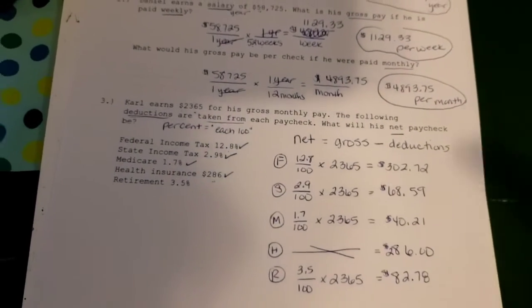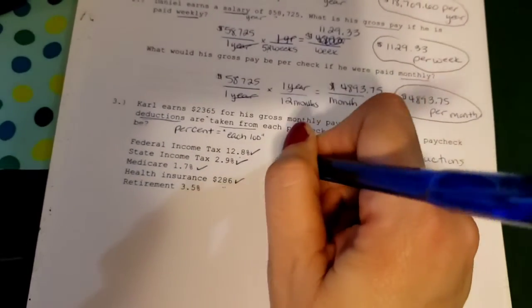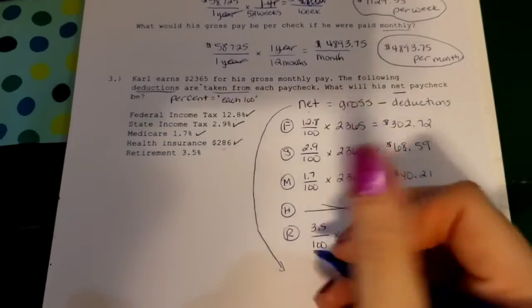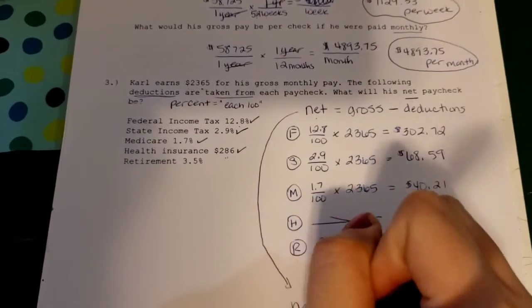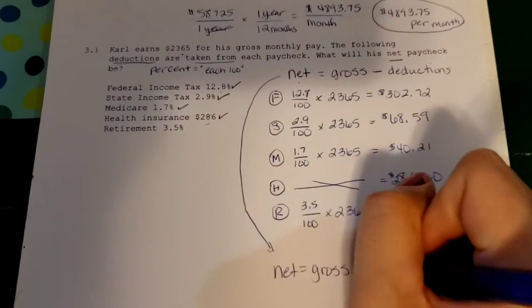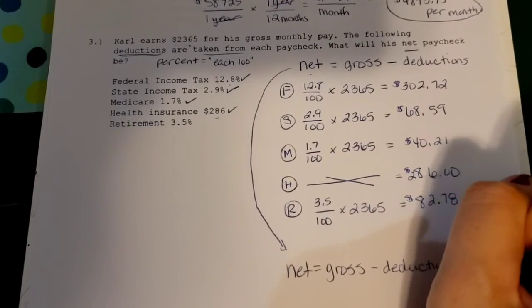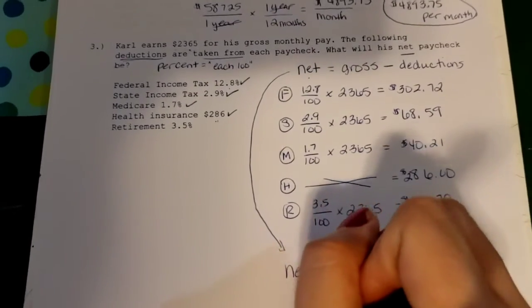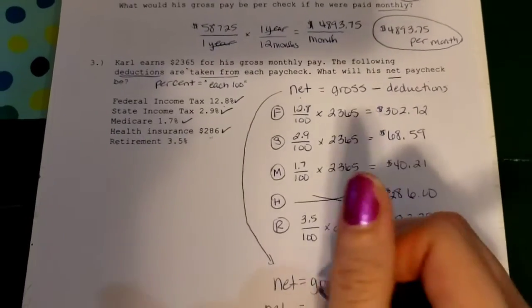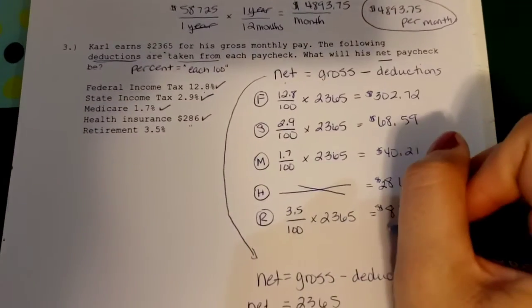But now we need to put them all together, because his net pay, I'm going to bring this back down here. His net equals his gross minus deductions. I don't know what the net is, but I know his gross pay is $23.65.